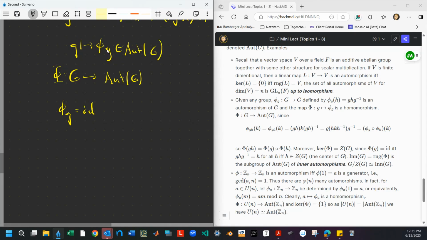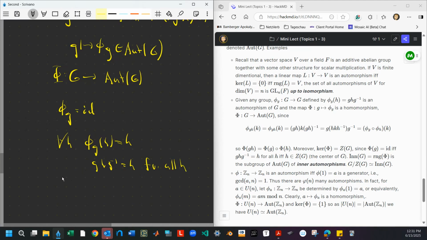Oh, by the way, the operation in this group is composition. I guess I didn't mention that above. It seemed clear, but maybe that's not so clear. But suppose it's true, then what I know is that for all h, phi of g of h equals h. So that turns into g inverse equals h, for all h.